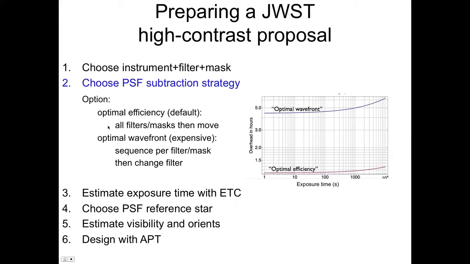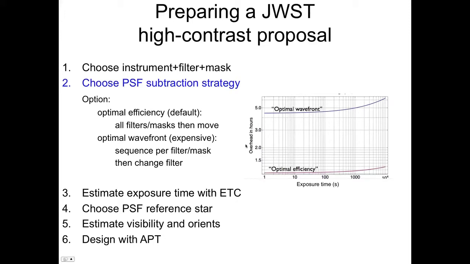The other strategy, which is the default one, is called the optimal efficiency. Instead, you stare on your target, you observe through all filters, all the masks, and then you move to the second roll, you repeat the observation through all filters and masks, and so on for the PSF. As you can see on the right plot, the overheads between the optimal efficiency and the optimal wavefront are extremely different.